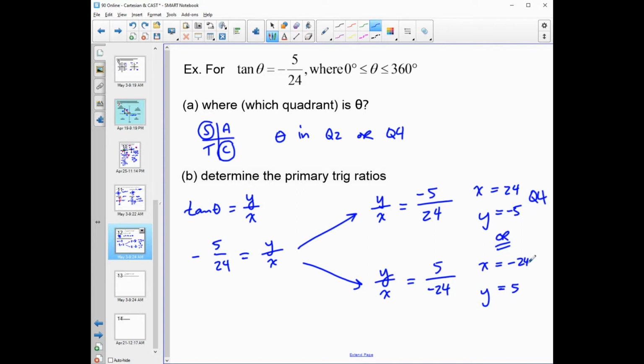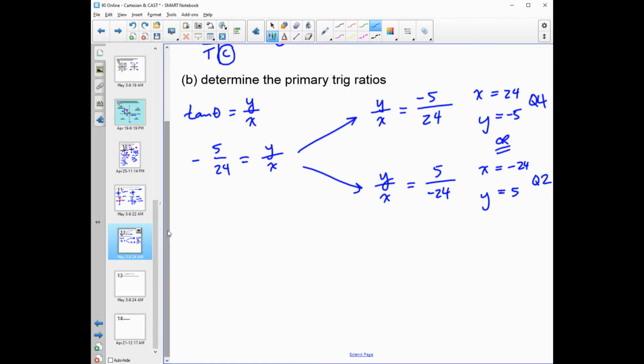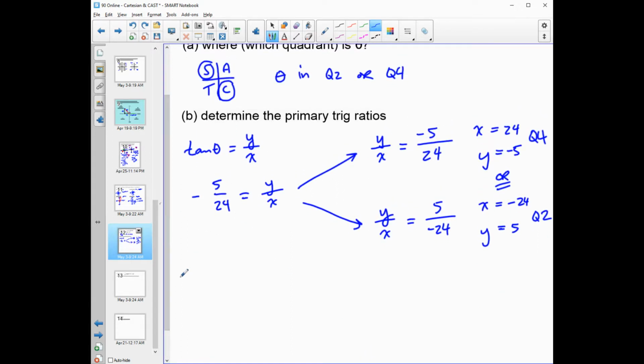A negative x coordinate and a positive y coordinate, that's quadrant 2. And that is consistent with our results of the angle having two possible locations. So what does this mean? Well, case 1, in quadrant 2, we said the x coordinate was -24.